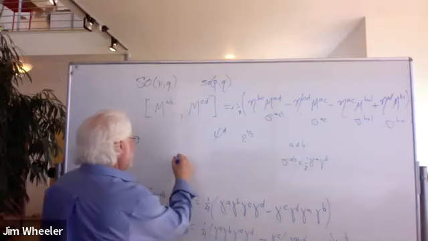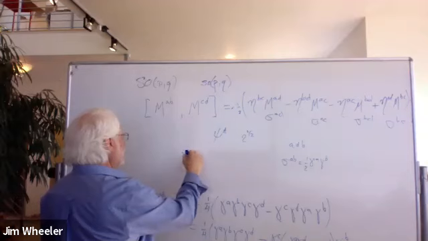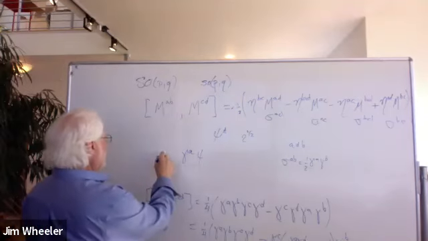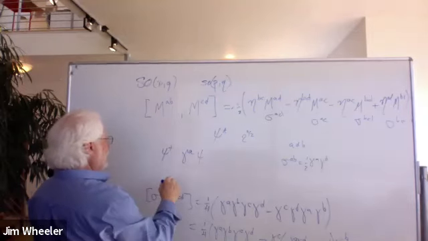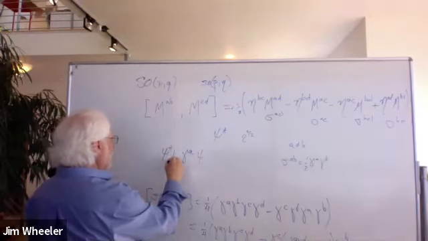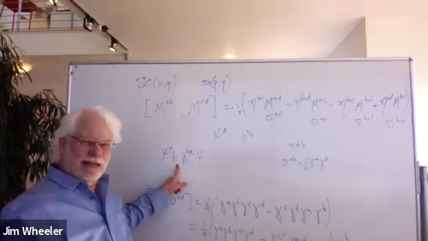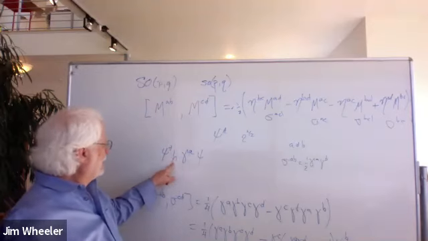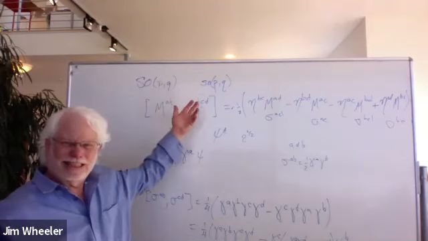However, if I take the gamma matrices, gamma A, and I sandwich them between psi and psi dagger, and I need an H here. Basically, what H does is corrects for the signature. You know, that's just a delta if you're in a Euclidean space.